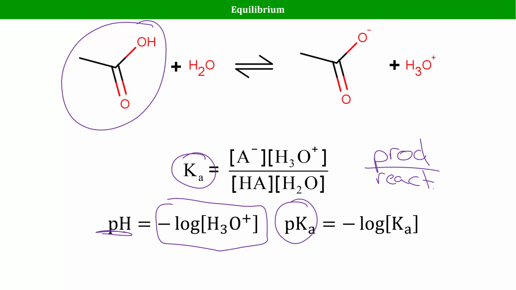Let me rephrase. So stronger acid means Ka gets bigger. What does that do to pKa? Because of that negative sign in front of it, right? So the stronger an acid, the smaller the pKa value.